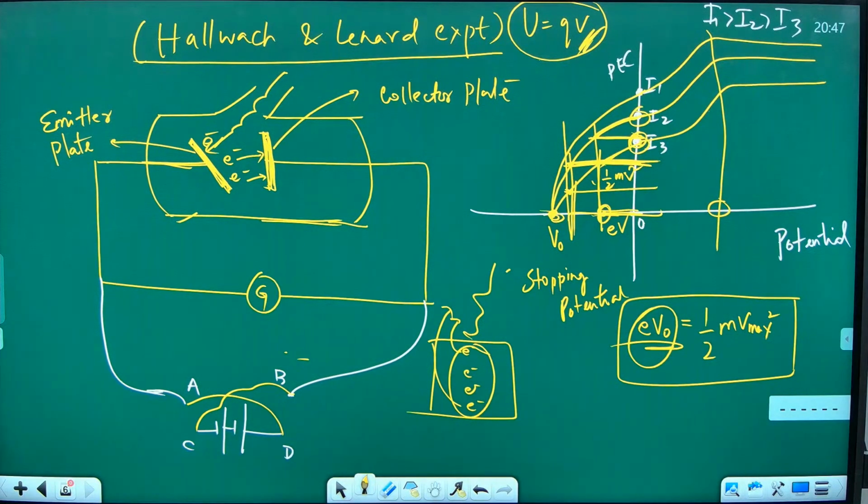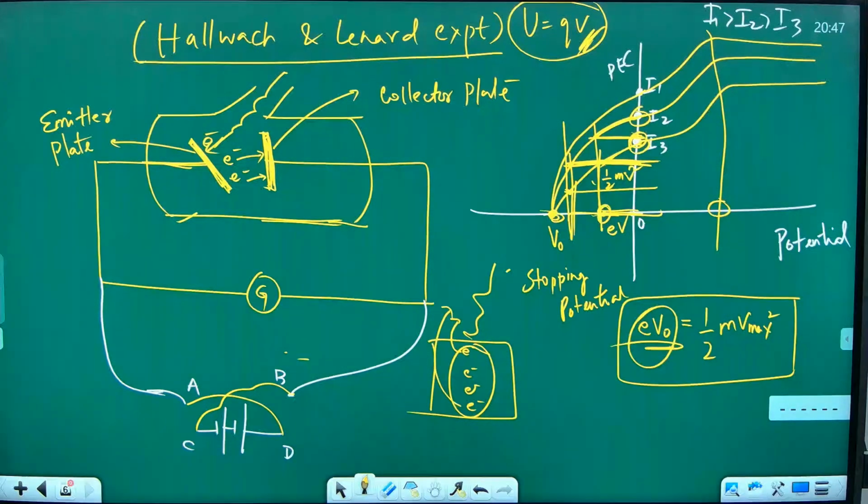Next heading is effect of frequency of incident radiation on stopping potential.